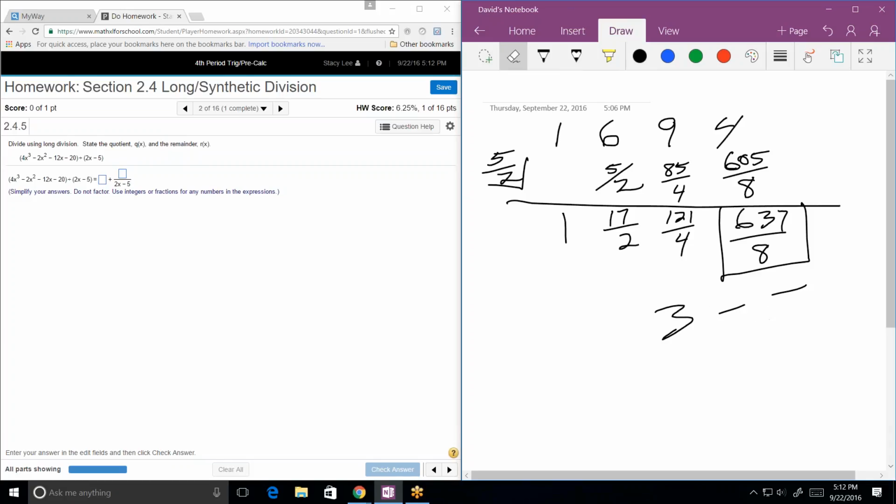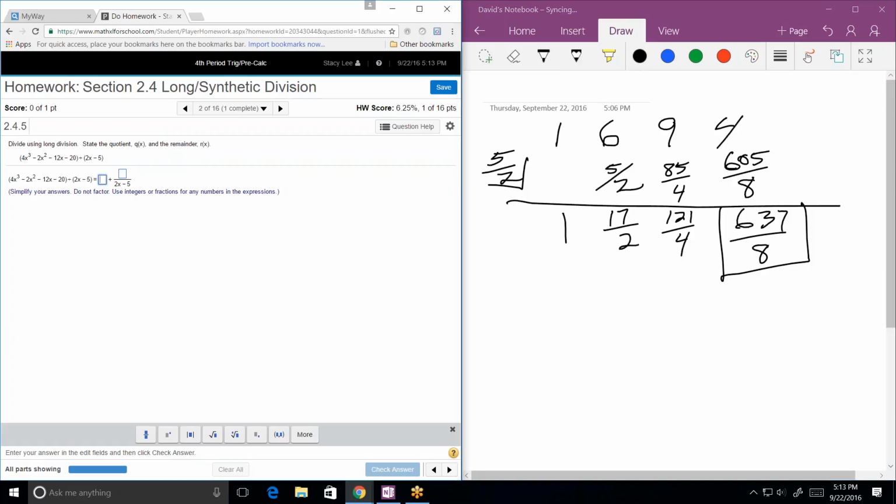Now, the one interesting thing about this is this is probably the only time I've ever actually had to put in the remainder, because most of the time, if it's not 0, you kind of ignore it. But in this particular problem, well, let's see if that's the right answer.